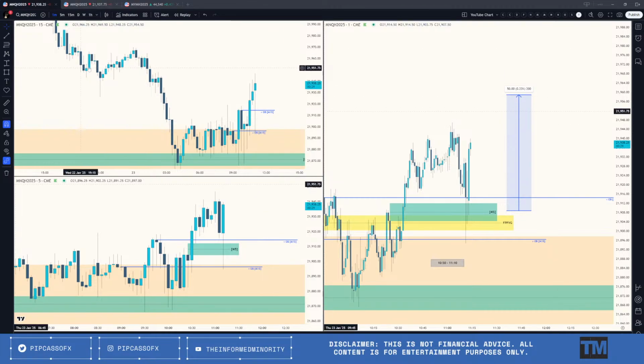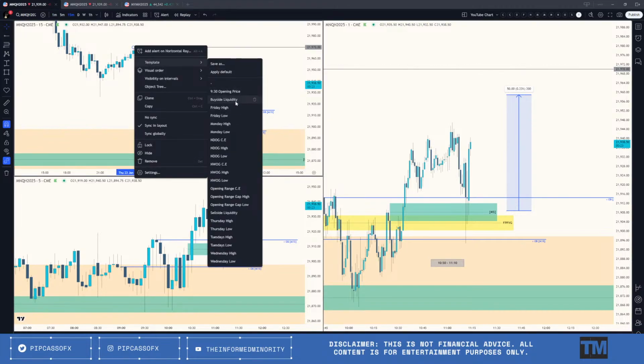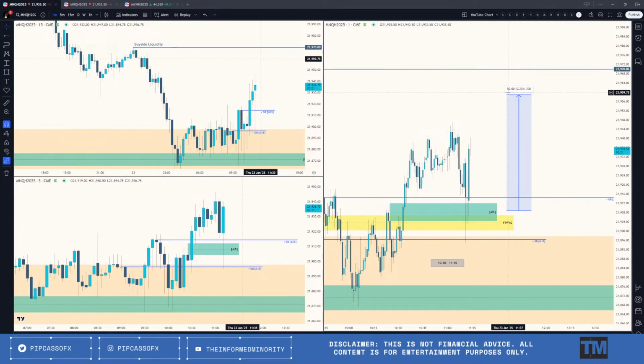I mean, these are the highs that I'd be targeting anyways, up here. That would be the buy side liquidity. This is before that, so that's what I'd be expecting to get hit. That's it right there.